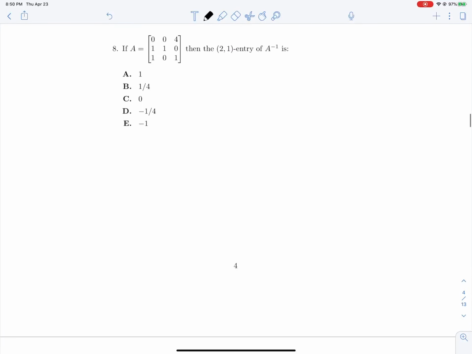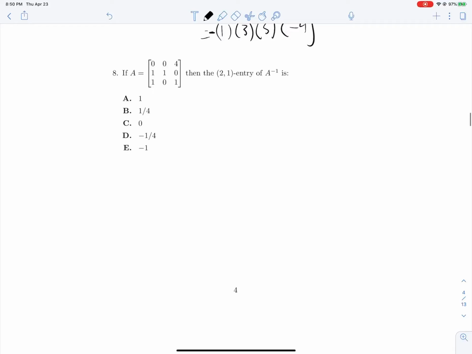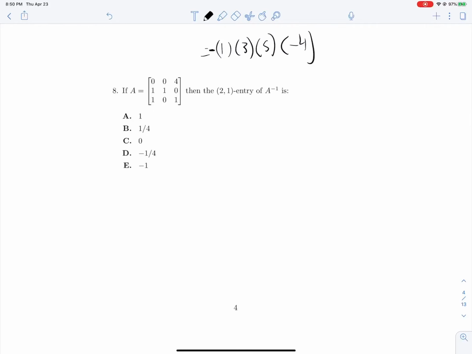Close one. Okay, 8. If A is given here, then what is the 2-1 entry of A inverse? So we will need the determinant of A, which we can take as plus, minus, plus. So plus sign multiplied by 4 because it's in a row by itself, multiplied by the determinant of the matrix formed by crossing out the row and the column that 4 is in.